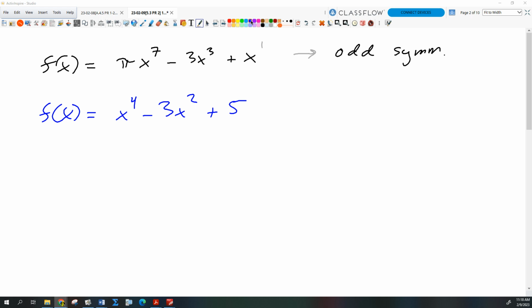How's that even? It is, but how? No. What power of x is that? 0. Yeah. We would never write it that way, but that's the same thing as saying x to the 0, right? Okay, so a constant is an odd power, or an even power, sorry, right? So then that one is even.